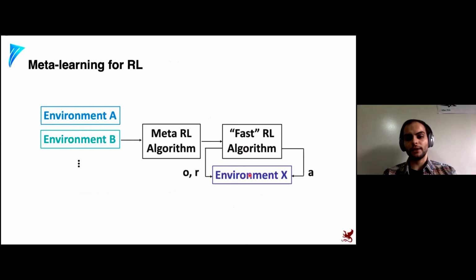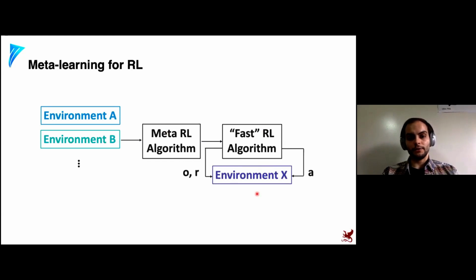Because given a new environment, say environment X, your fast RL algorithm is able to quickly interact with this environment. And after just one or a few trajectories, all the subsequent trajectories of that fast RL algorithm are going to achieve very high reward.